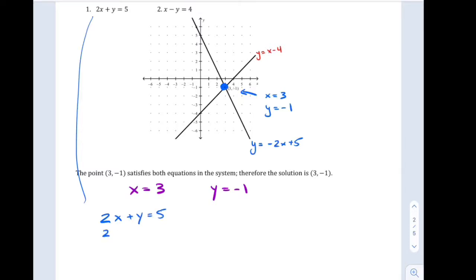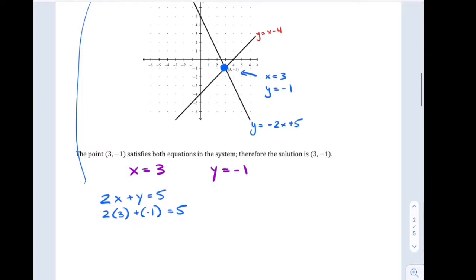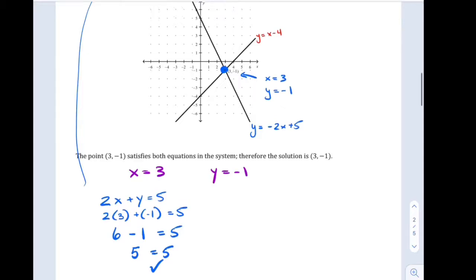And I'm going to plug it in. 2 times 3 plus -1 should be equal to 5. And as I work my way through, I would get 6 plus -1, the same thing as subtracting 1, is equal to 5. And 5 is equal to 5. I like that. Both sides balance. 5 is indeed equal to 5. So that first equation works.